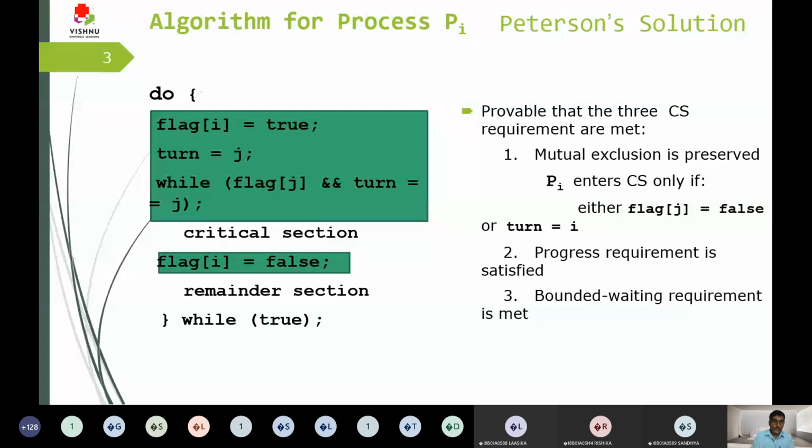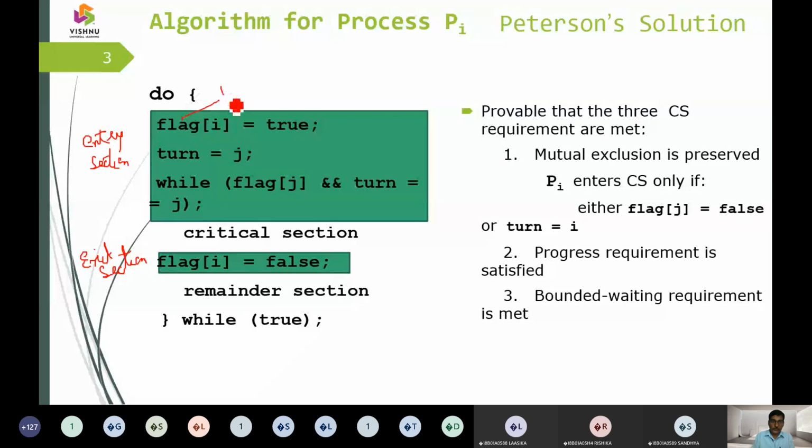So now you can see here, this we are going to say as an entry section, and this one we are going to call an exit section. The entry section is going to use two elements: one is the flag value, another is an integer value.